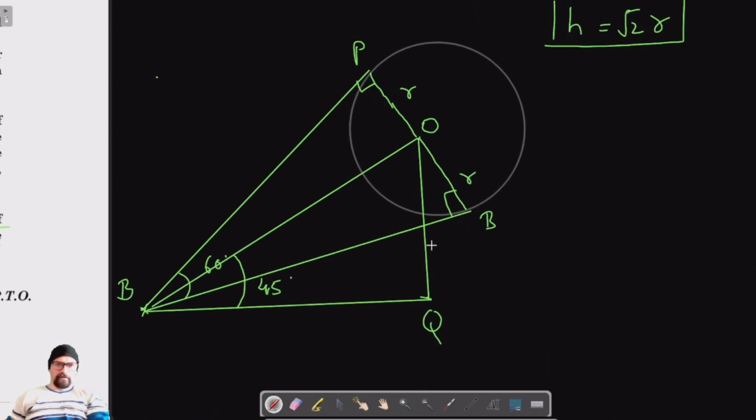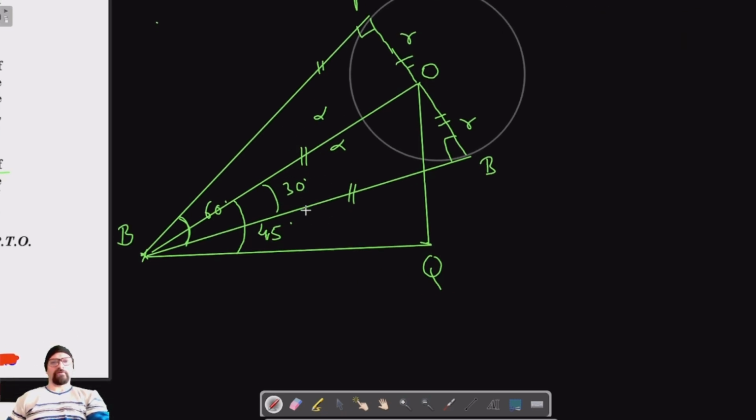Okay, now if this angle is 60 degrees, so these two triangles are congruent because these two are the radii of the same circle, these two are the tangents drawn from an external point, and this is common. So that means this angle is 30 degree.